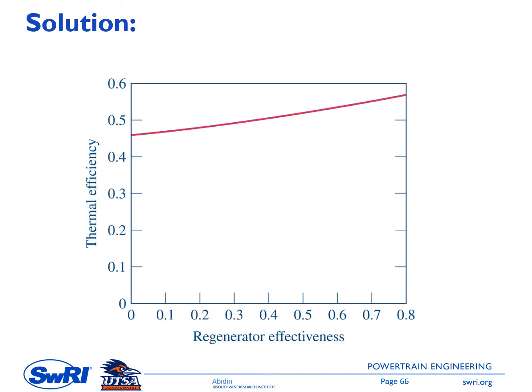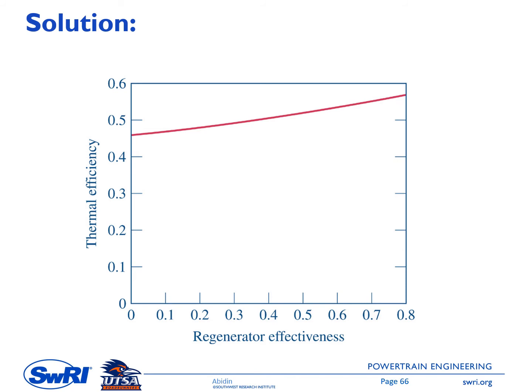And then you can make a plot of the thermal efficiency as a function of the regenerator effectiveness. In this case, you need to replace the parameter Hx in the thermal efficiency formula by the regenerator effectiveness.